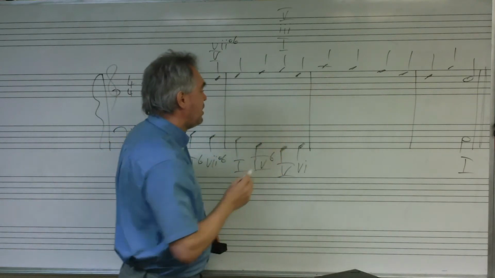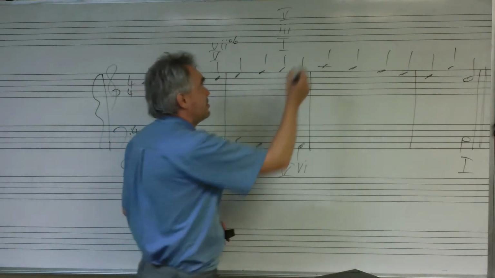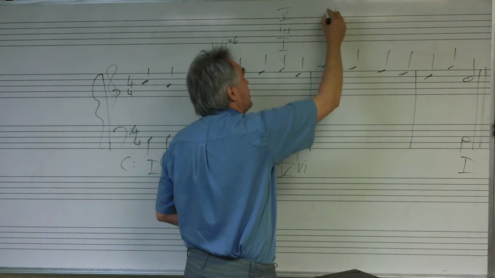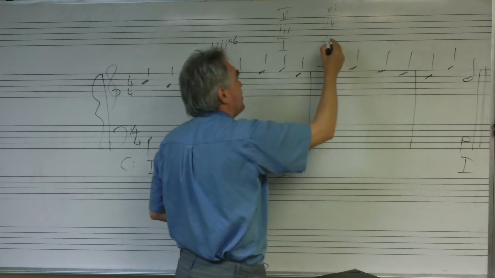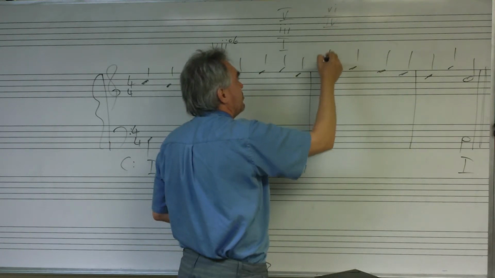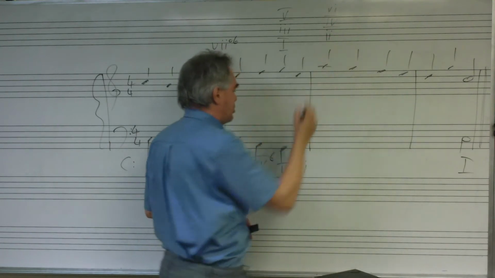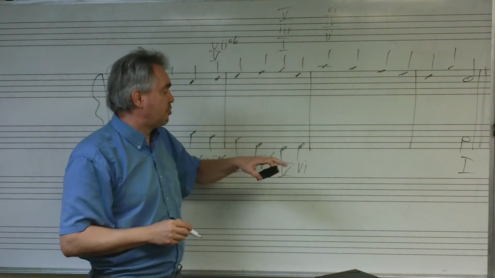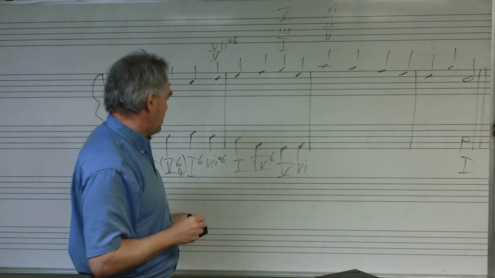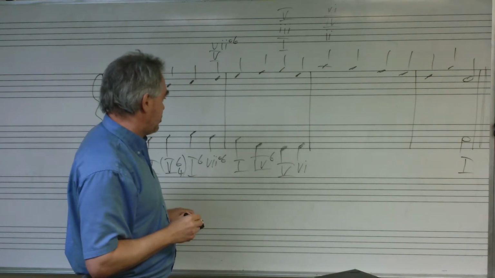Now the A here can be harmonized as Roman vi, or it can be harmonized as Roman IV, or if it's the fifth of the chord, Roman ii. After vi we can have both Roman IV and Roman ii, so this would work.